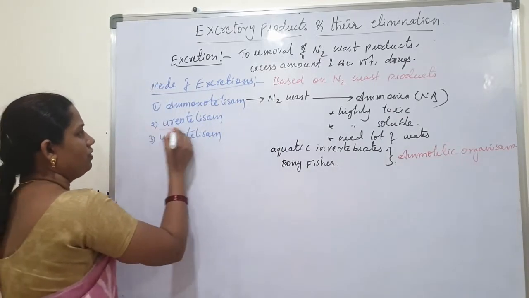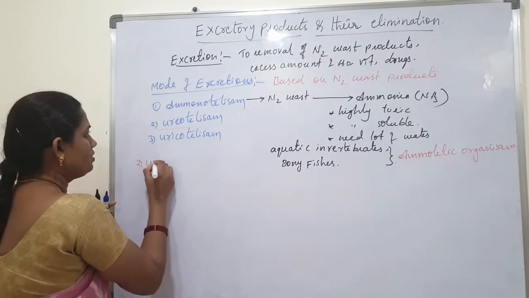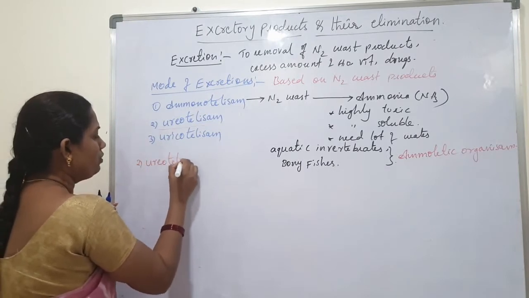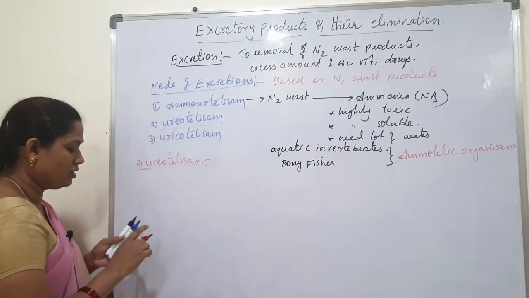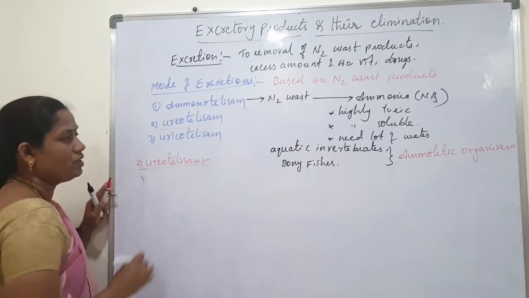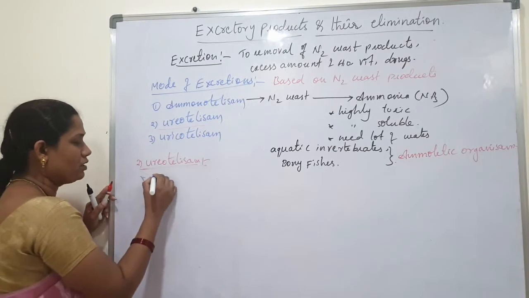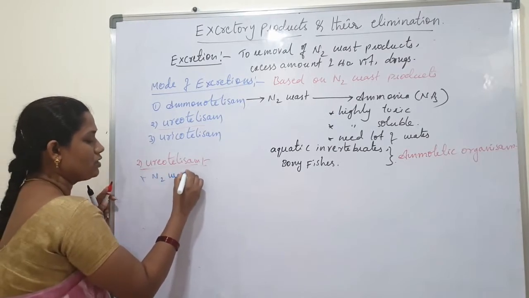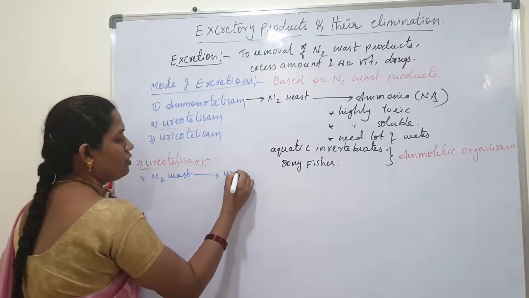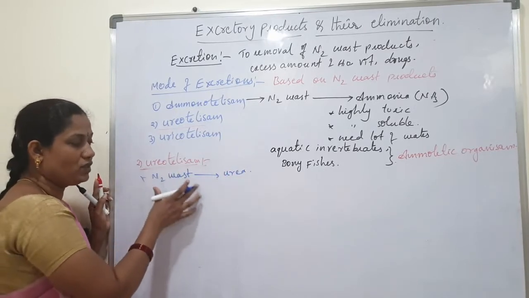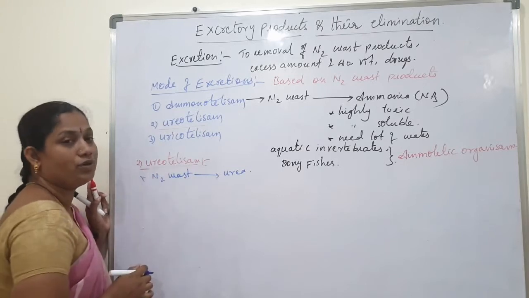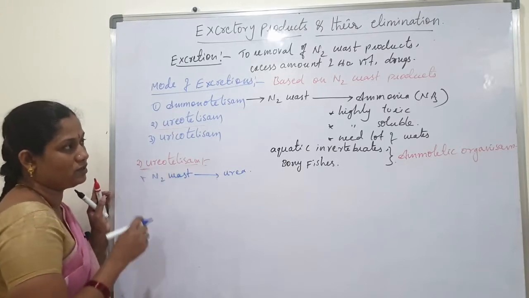Next, the second one is ureotelism. Here the nitrogenous waste product is released in the form of urea, so this process is called ureotelism.